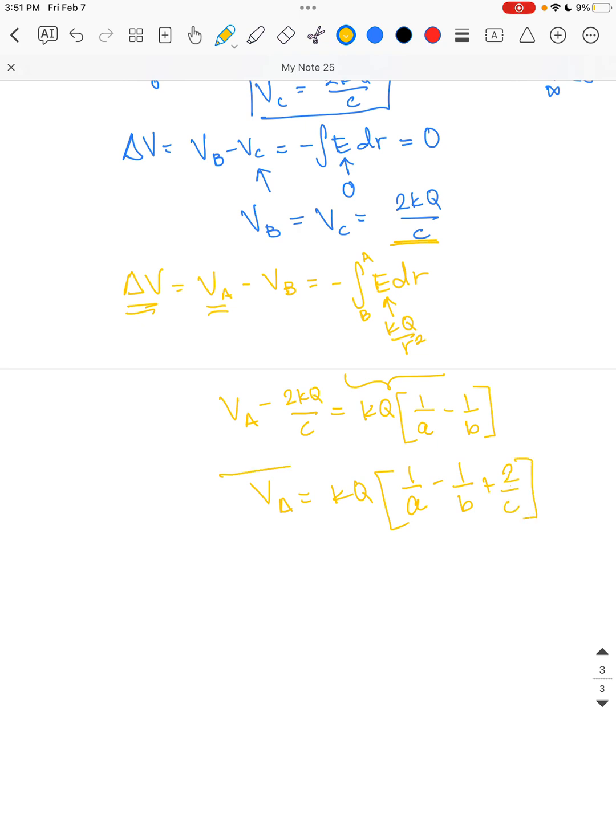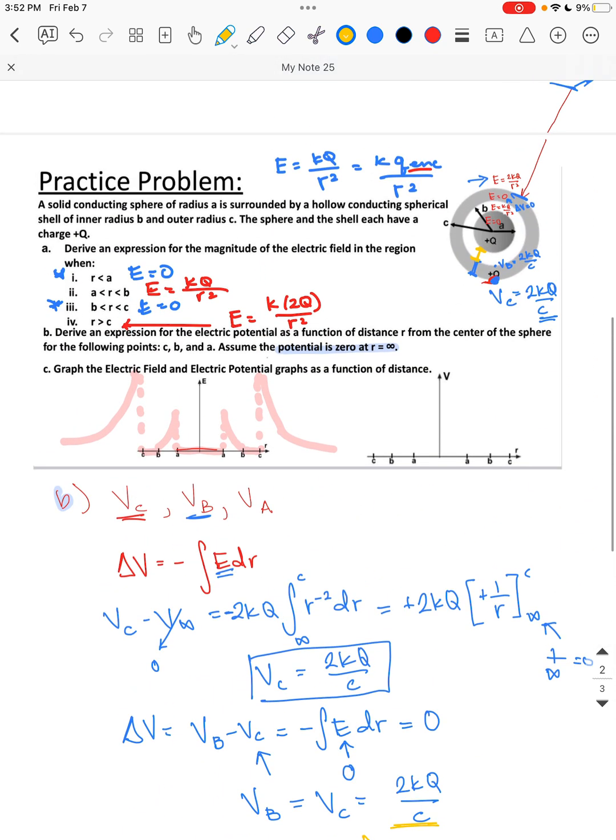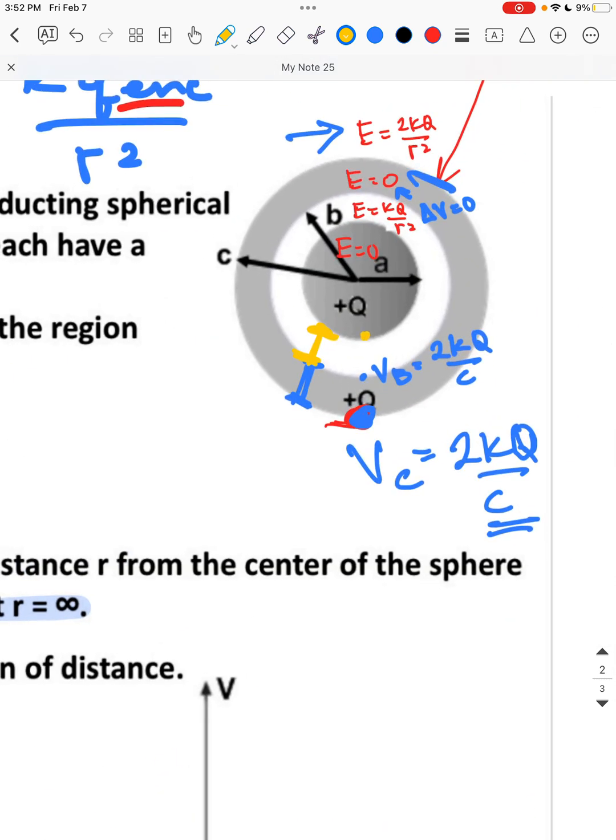And I know it sounds weird, but the potential is equal to this crazy weird expression at this position. So it's not equal to kq over A or 2kq over A, but VA is a crazy, complicated, I think it was 1 over A minus 1 over B plus 2 over C potential here.